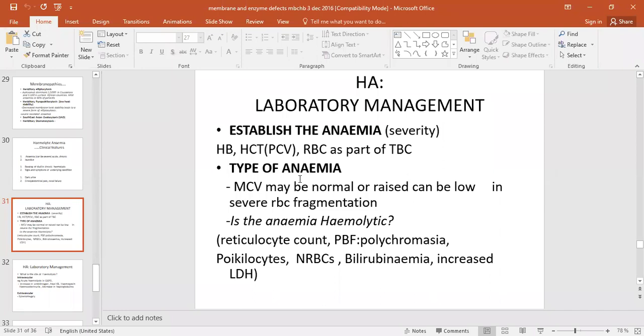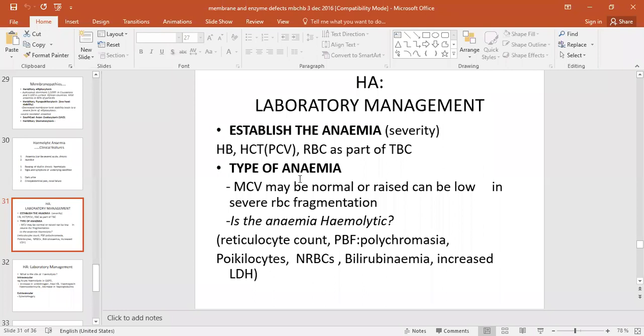Then you would question yourself, if the MCV is affected, what kind of anemia are you dealing with? Are you likely dealing with an anemia due to hemolysis or not? If the anemia is due to hemolysis, the key thing you want to establish is the reticulocyte count. Remember, I did mention that reticulocyte counts may be elevated in these patients.